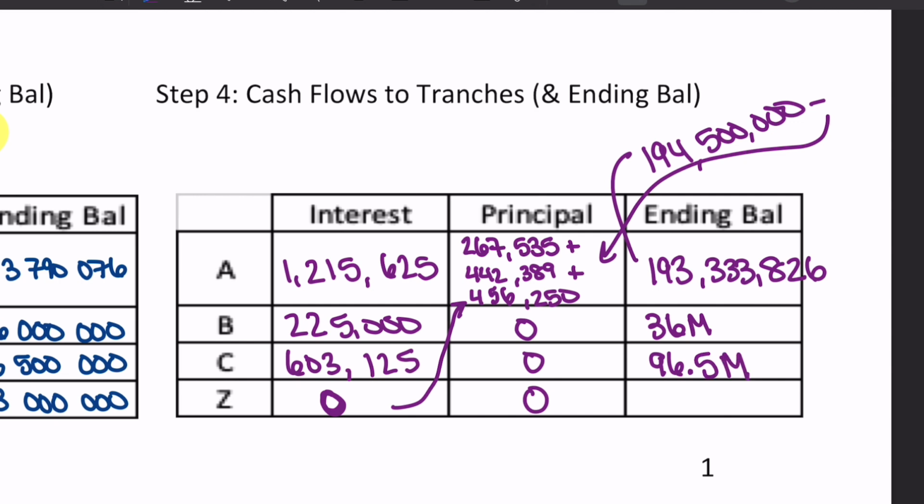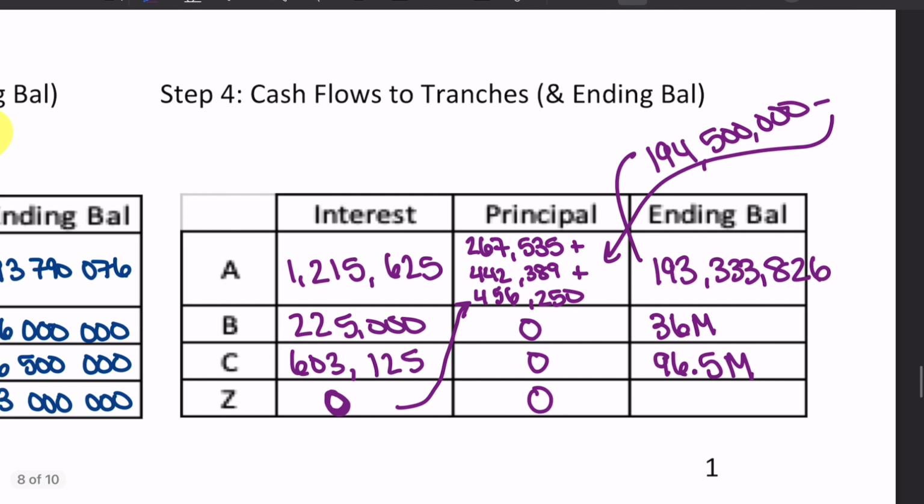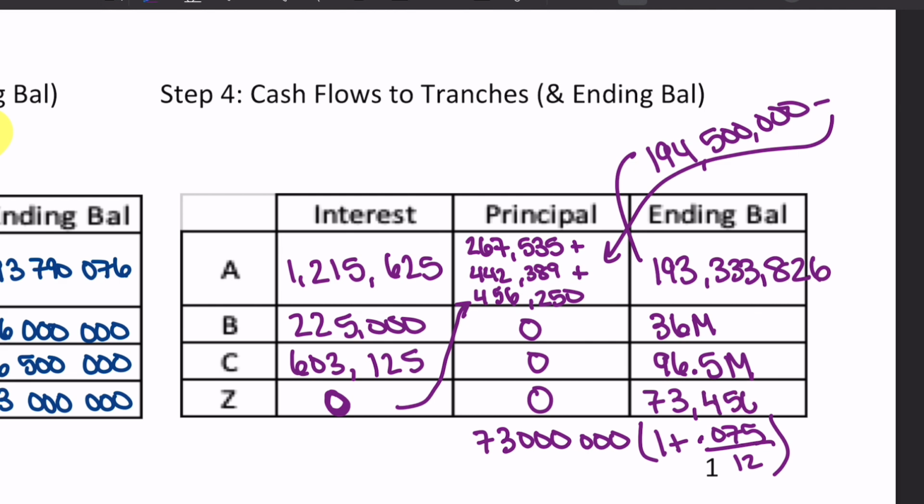And Z, I have my $73 million, but I'm going to grow it at my pass-through rate. So I end up with an ending balance of $73,456,250.